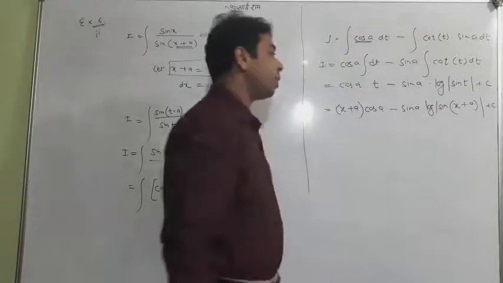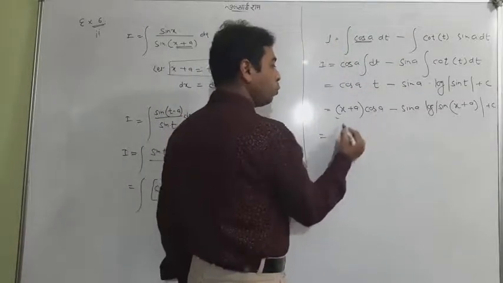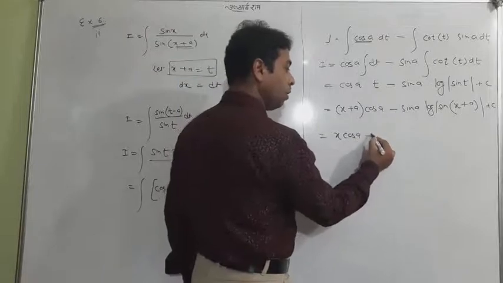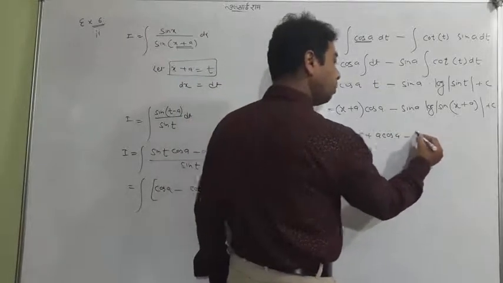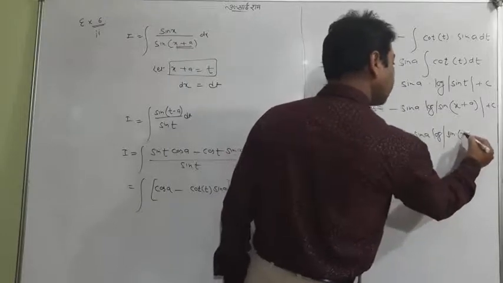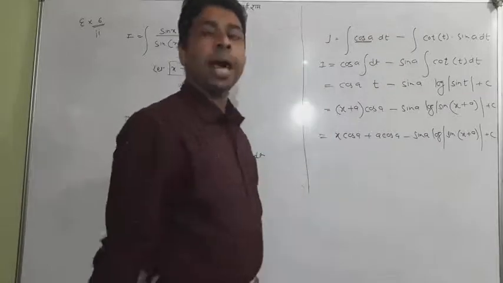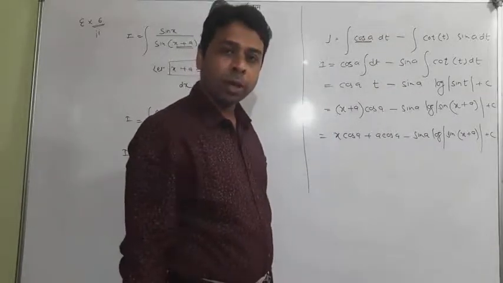You can leave your answer right here. One more change you can make: multiply by cos a, x cos a plus a cos a minus sin a log of sin of x plus a plus c.